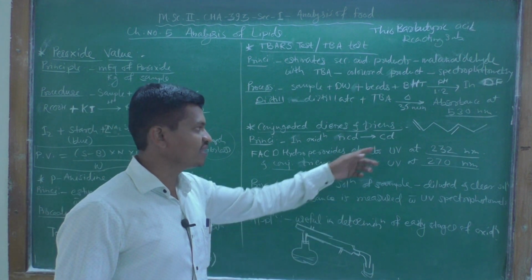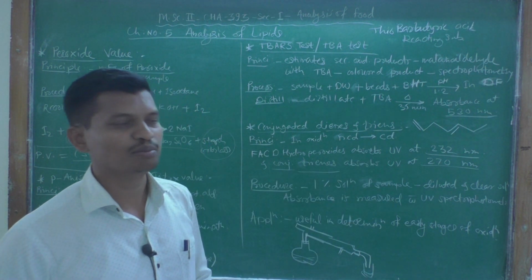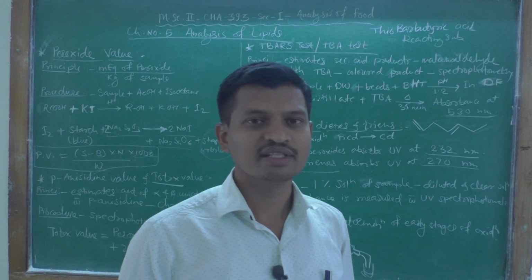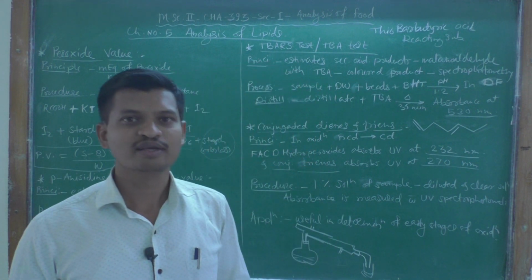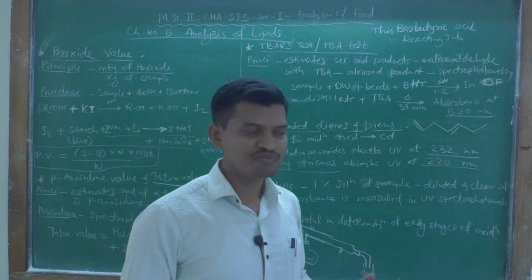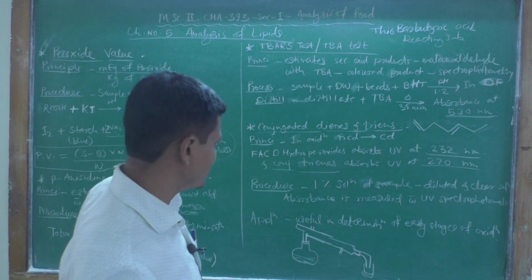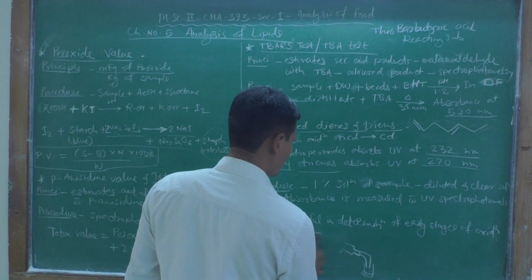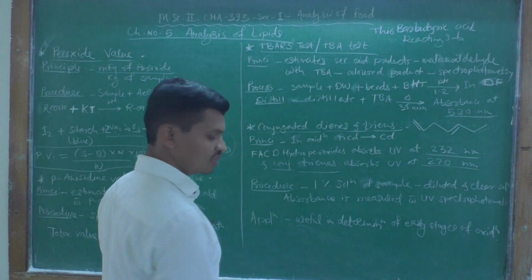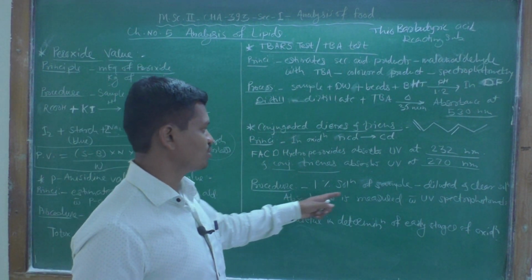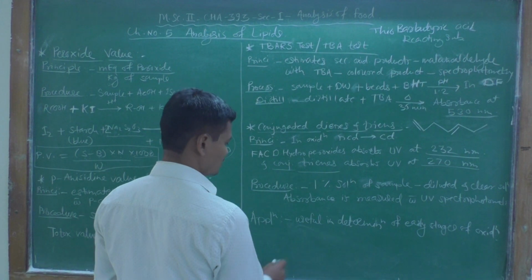As UV radiation is used, we determine conjugated dienes and trienes spectrophotometrically. Now what is the procedure? The procedure is very simple. Make a 1% solution of the lipid sample. What is a 1% solution?